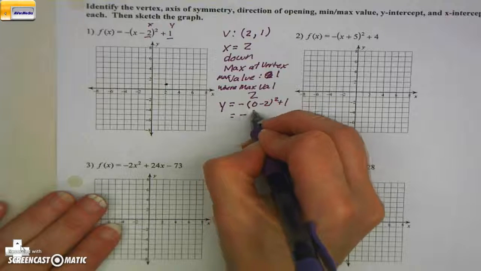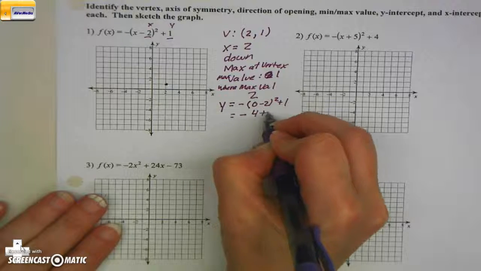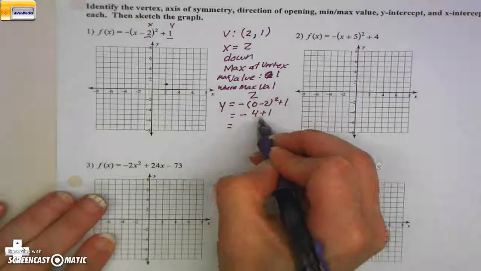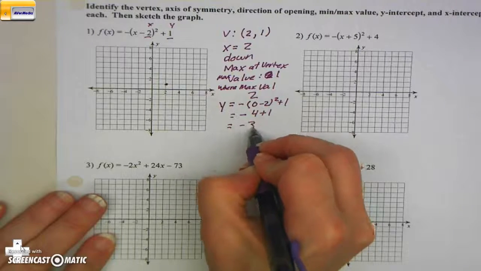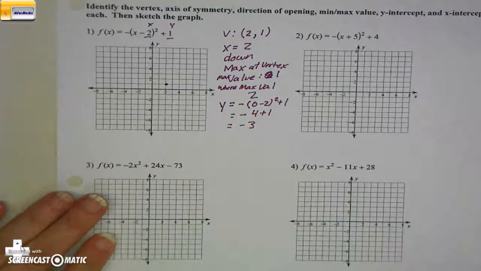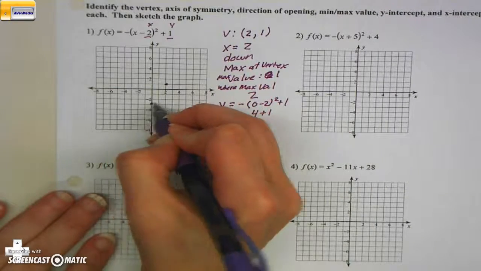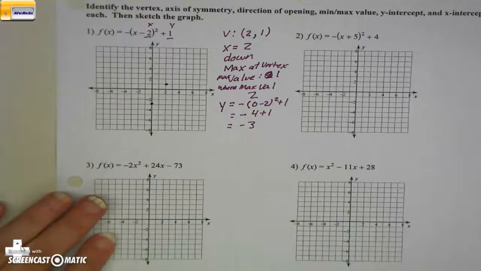So I have negative 4 plus 1. Be very careful with all of these positives and negatives, okay? It's a very easy place to mess up. So negative 3 is where it says it's going to hit on the y-axis, so we can put a point here.